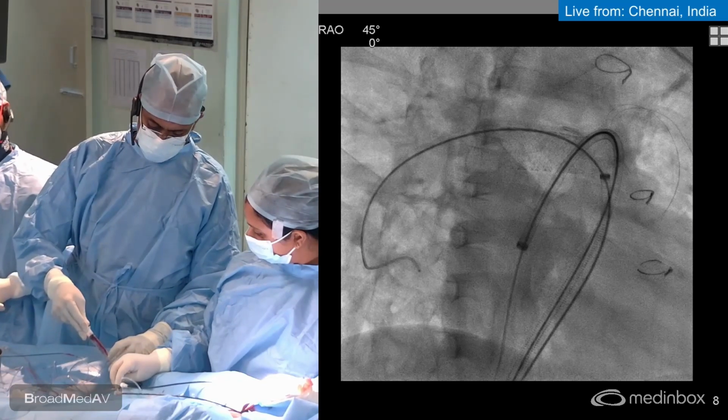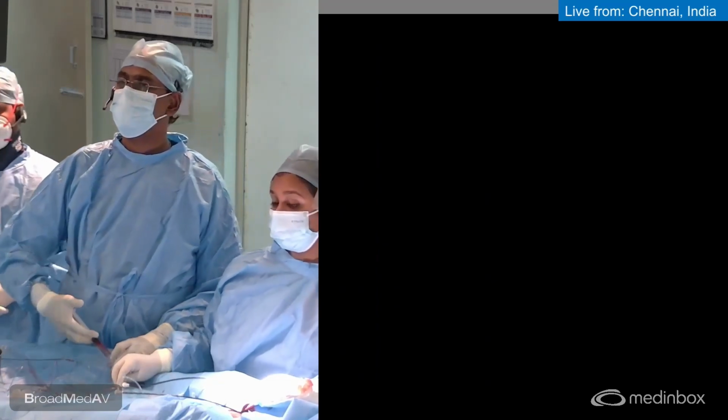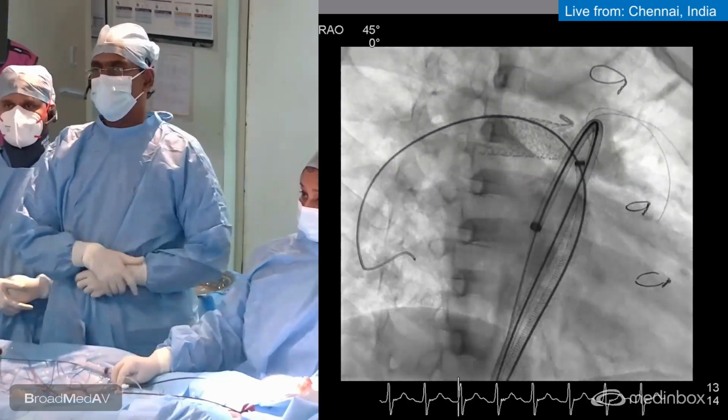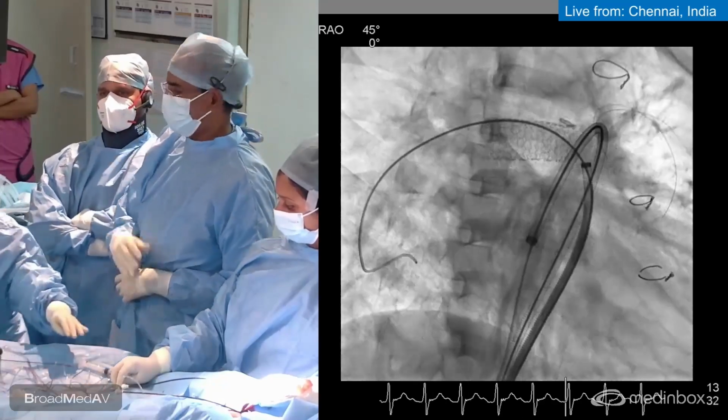Holding the wire. Okay, so now let us concentrate on the left.